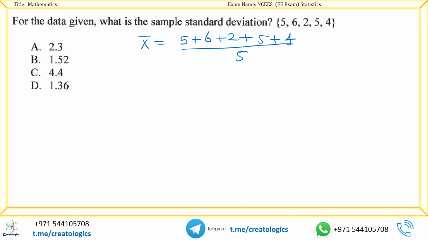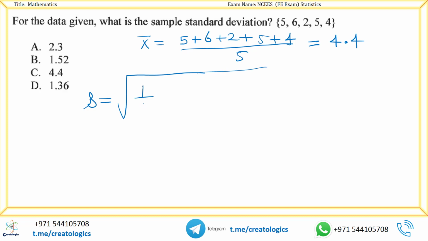So when I simplify this, you can use the calculator again, and you will get 4.4 as this value. Now next is to calculate the sample standard deviation. For sample standard deviation, S is equal to the square root of 1 over the total number of terms minus 1.